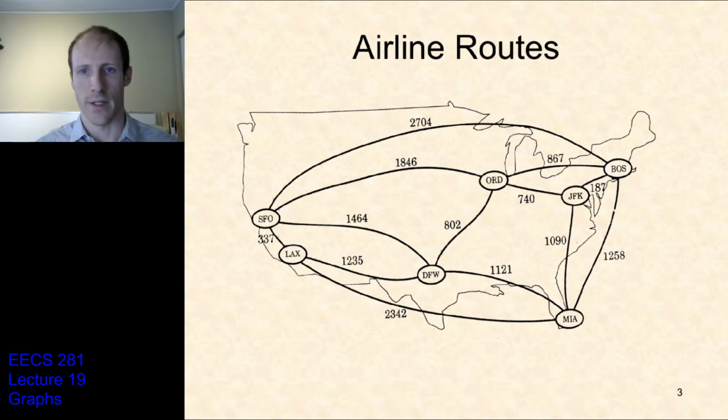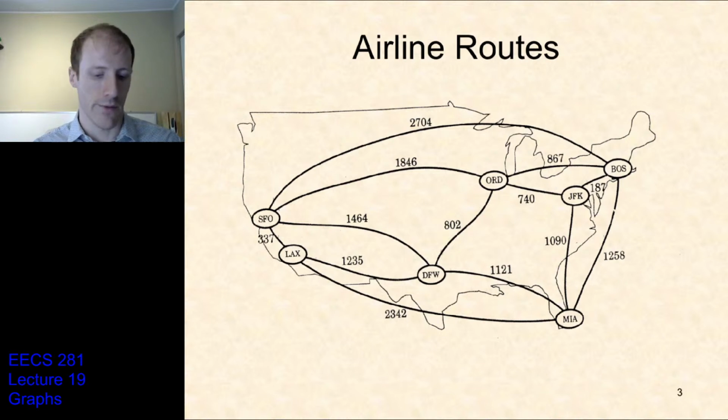Every profile on Facebook or Twitter or Instagram can be thought of as a node in a graph, and the edges in that graph are which profiles follow or are friends with which other profiles. Another example from the internet is web pages and the connections between them. You could have a graph where a website is a node, and all of the links on that website to other websites would be the edges in the graph.